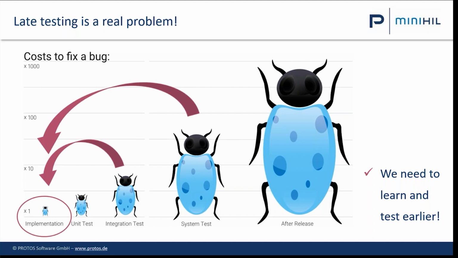So what we usually do is bring hardware software integration test and system test to the desktop of the developer, especially for product lines. That's a really important thing to do. The faster you find out where your problems are, and the faster you can retest, the faster you can develop, and the better the quality gets of your overall system. So we need to learn and test earlier. That's what it's all about.